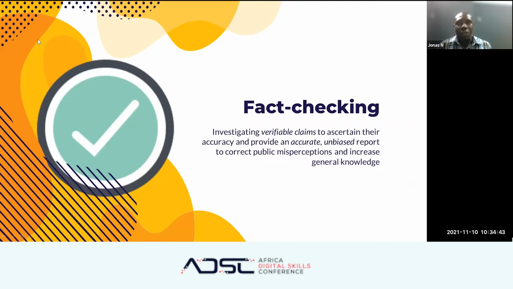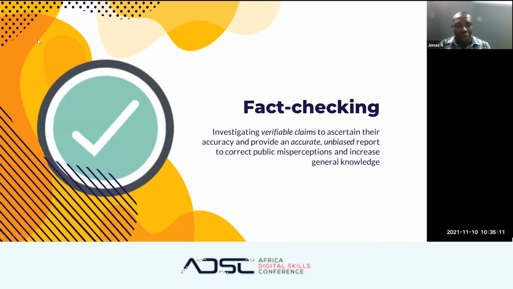Number two, you cannot fact check people's beliefs, for instance. If a person is making some comments based on their beliefs, you can't fact check that, because it's based on the person's beliefs. So again, it ties into an opinion. The second one is also a prediction. If someone is making a prediction, like the example I gave earlier, you cannot fact check that.